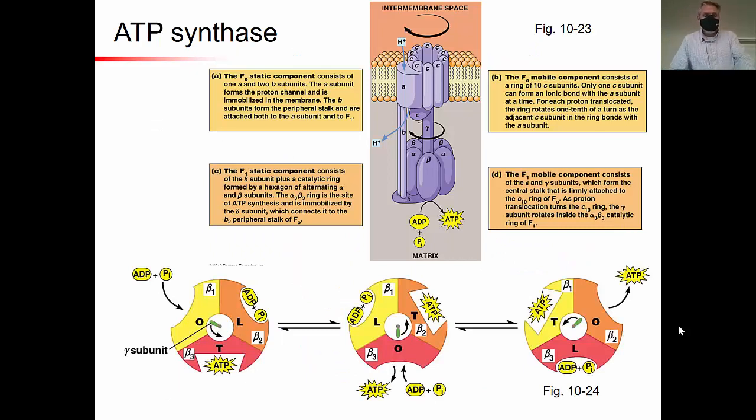The way that ATP synthase works is that the proton gradient, in the case of the mitochondria, means we have a high concentration of protons in the intermembrane space, so it's favorable for them to move into the matrix.